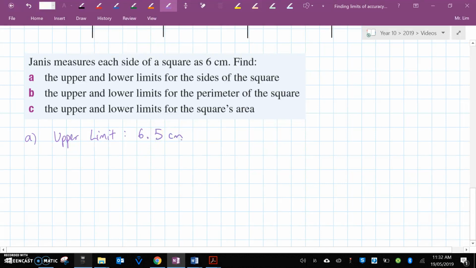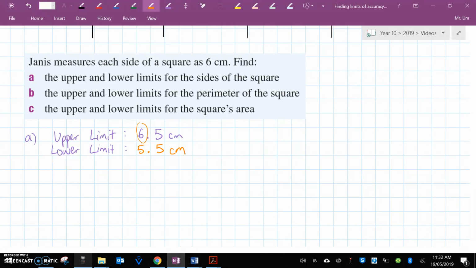Okay, just adding another digit. The lower limit, take the second last digit, which is the 6, minus 1 is 5. So we have 5.5 centimeters. That's the upper and lower limits of the sides of the square.